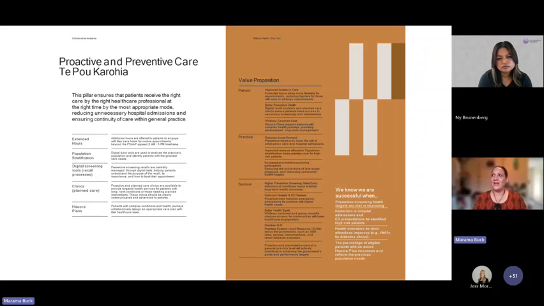Now, I do just want to make a quick plug here to the Health Navigator Trust. They have just developed a document called Pou Ora, Journey to Wellbeing, the document's called, and that has some really great hints and tips around how to create amazing clinics.